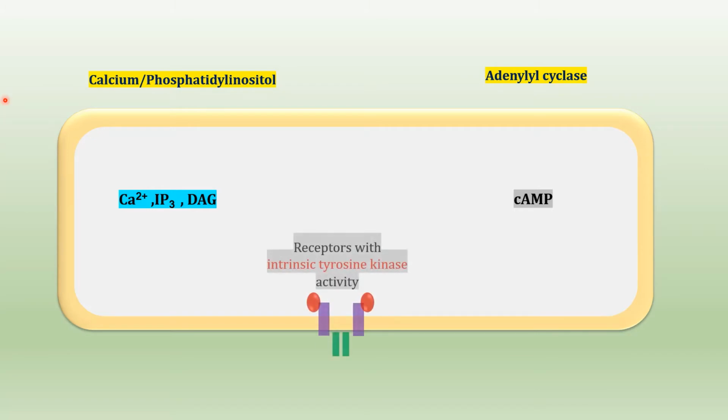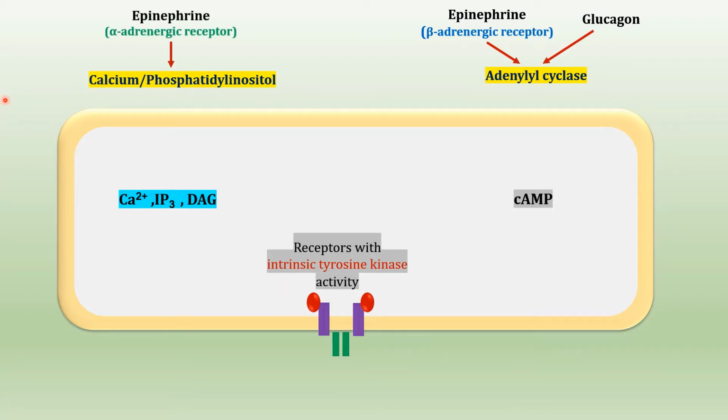The third pathway involves receptors with intrinsic tyrosine kinase activity. The hormones like epinephrine and glucagon act through adenylyl cyclase pathway. Epinephrine can also act through calcium phosphatidylinositol pathway but through alpha adrenergic receptors. And insulin acts through receptors with intrinsic tyrosine kinase activity.